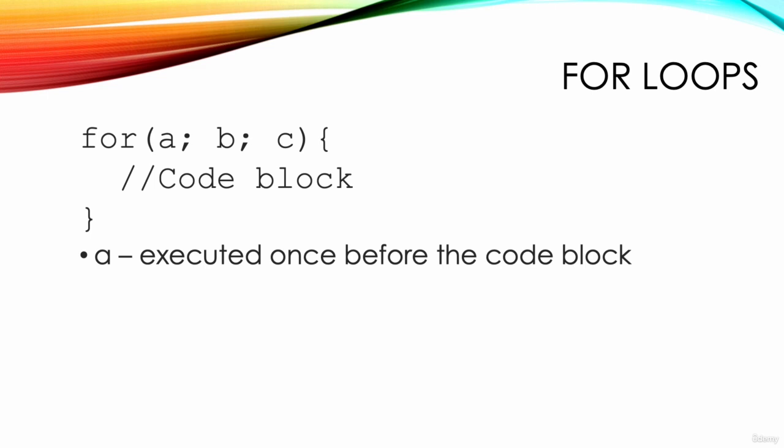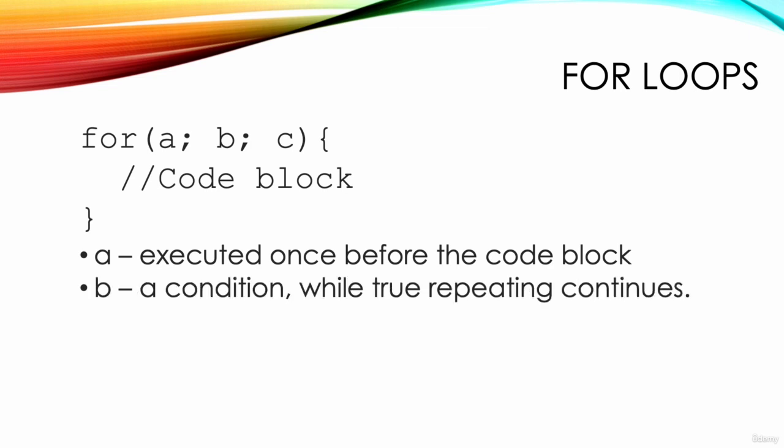The first is executed just once, before we run the code inside the curly braces. The second statement is a condition. While this evaluates to true, the loop will repeat. And the third statement is executed every loop after the code inside the curly braces has run.